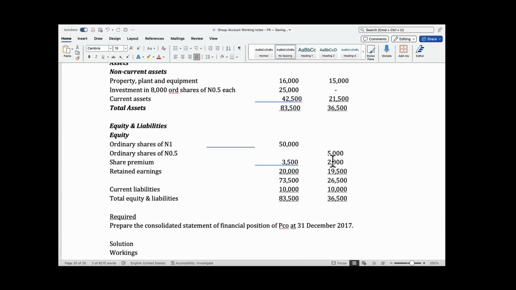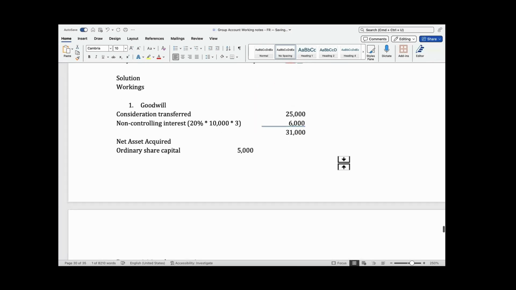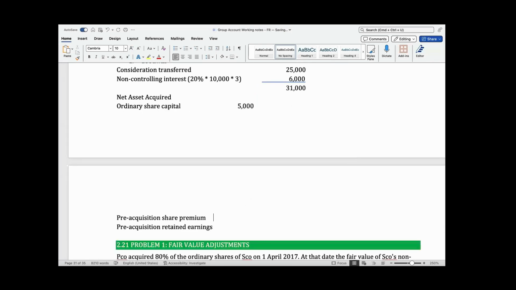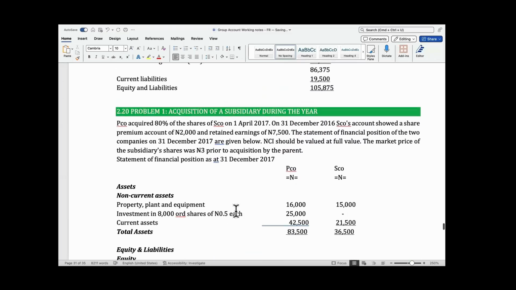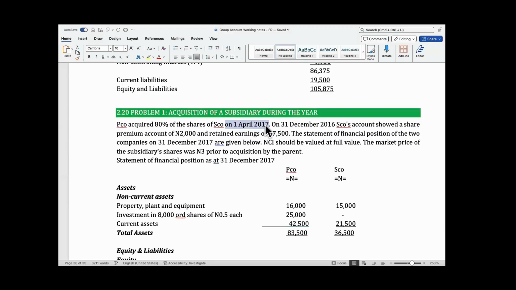I can see in the account that the share premium of the subsidiary hasn't changed. So it has been 2,000 all along, and even in April it will have been 2,000.